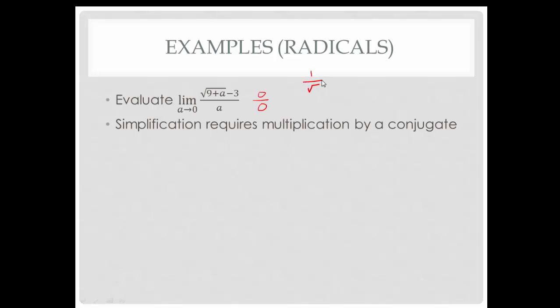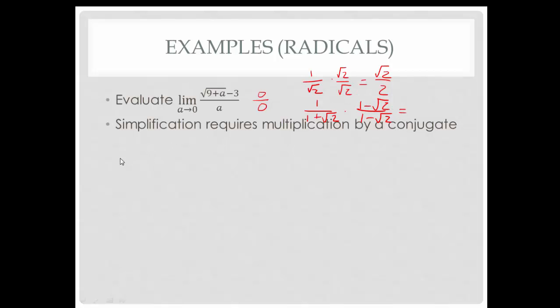When we had 1 over the square root of 2, for example, you'd multiply by square root of 2 over square root of 2, multiplication by 1, and you get square root of 2 over 2. That's rationalizing your denominator. Whereas if you have 1 over 1 plus the square root of 2, you can't multiply by the square root of 2 over square root of 2. You've got to multiply by 1 minus square root of 2 in order to rationalize this.